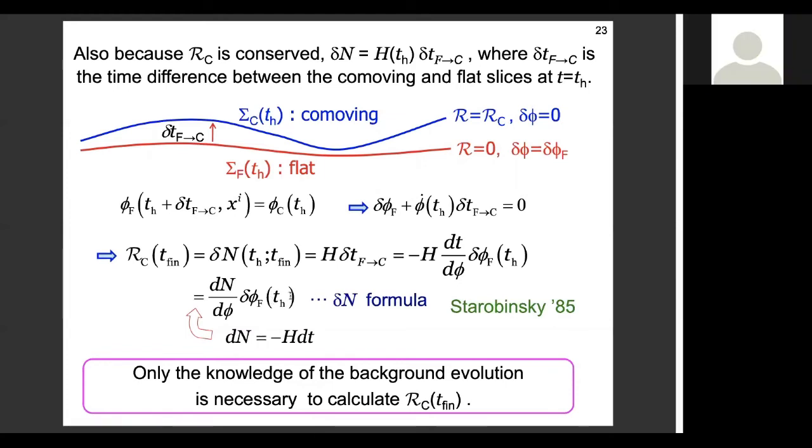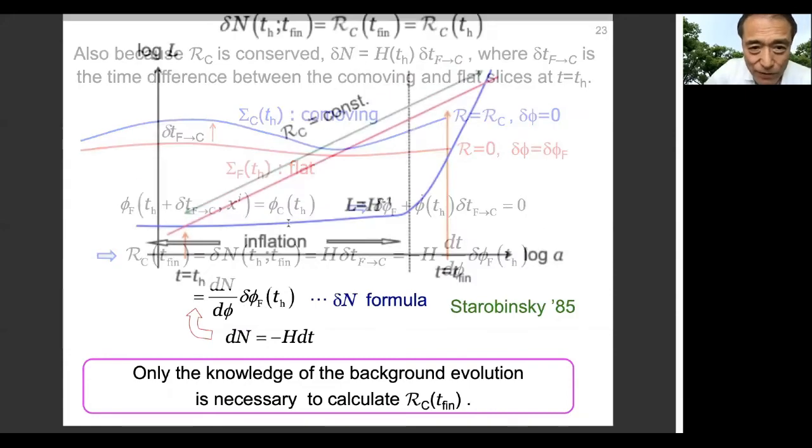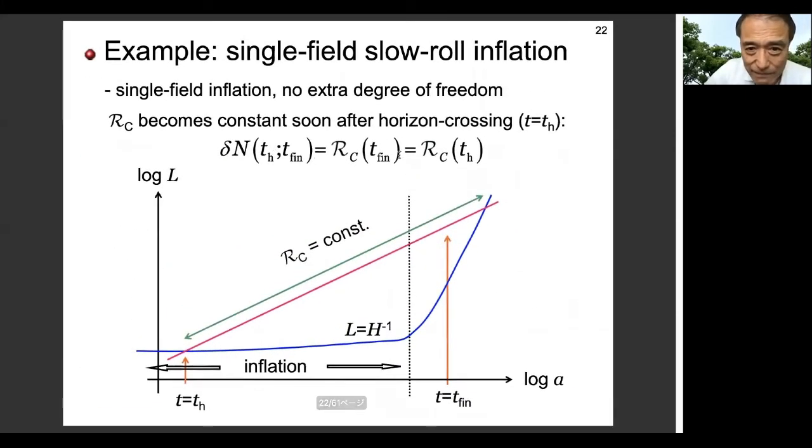Here you don't need this, but the important point is that if you know how to compute the fluctuations in the number of e-folds, given the fluctuation of some scalar field or something, then you can always compute the final curvature perturbation amplitude.